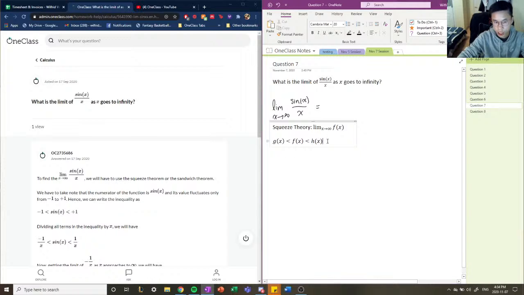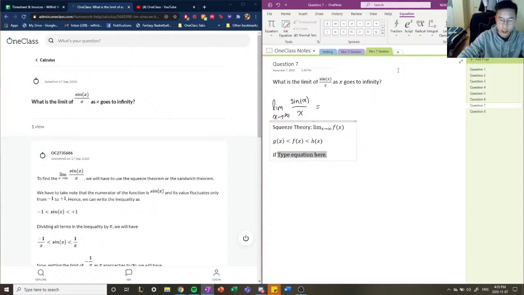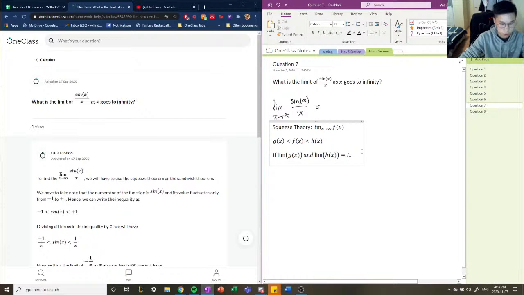But if you do find these kinds of functions where the output of g of x is always going to be less than the output of f of x, and the output of h of x is always going to be greater than the output of f of x, the squeeze theorem suggests that if the limit of g of x and the limit of h of x equal the same limit, then the limit of f of x equals that limit.